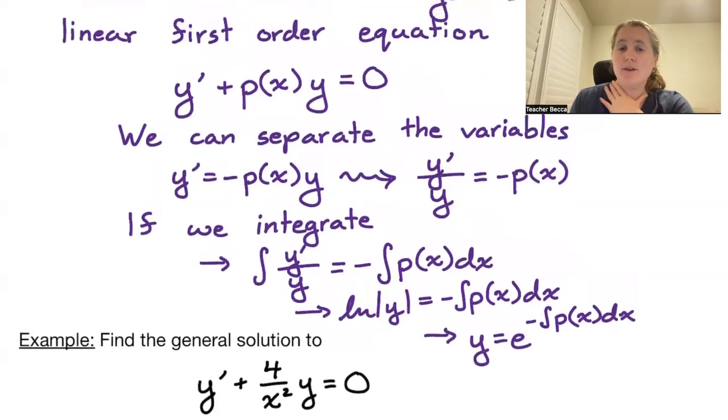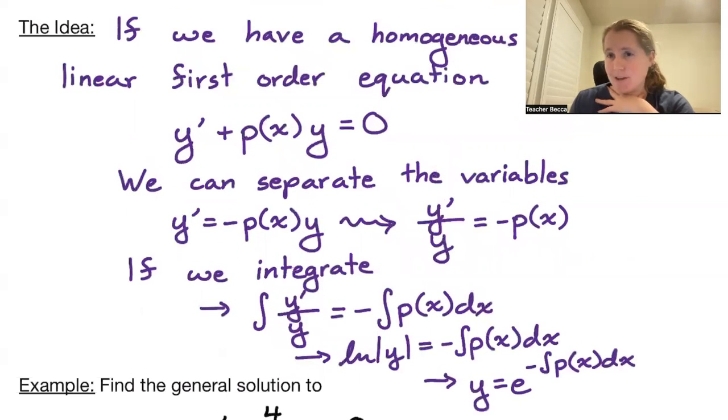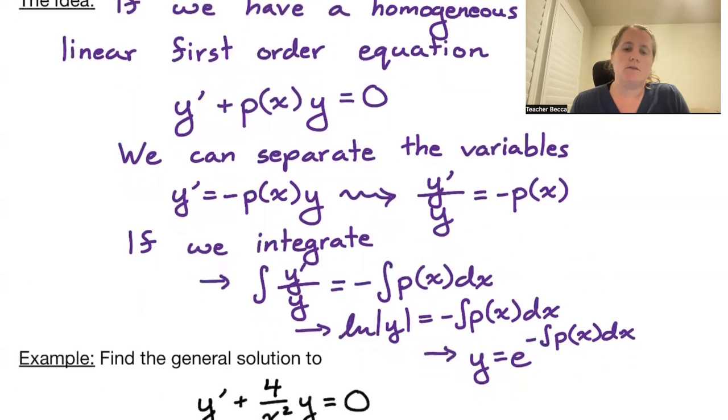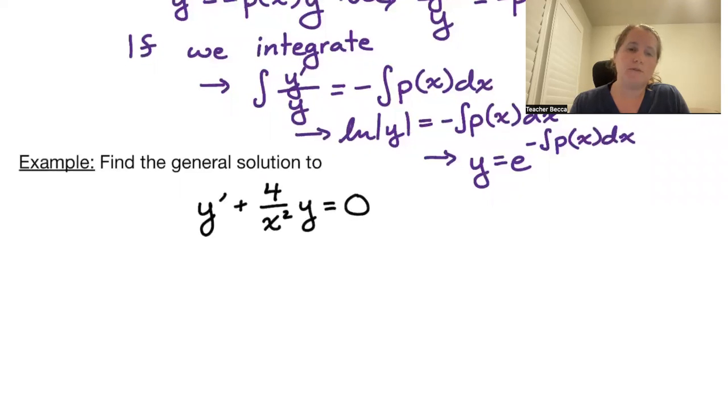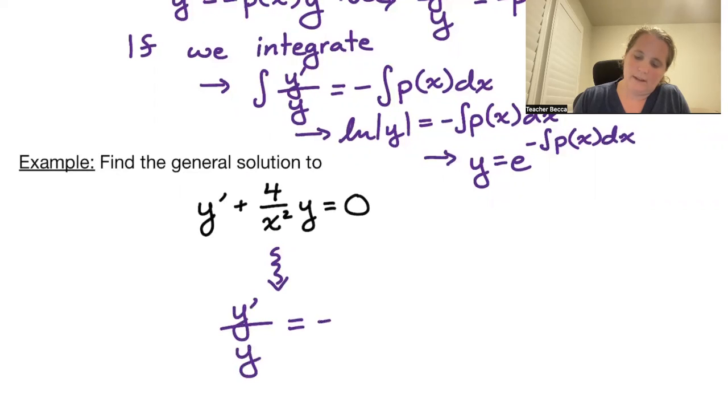So this is a very, very simple separable equation. Every single homogeneous linear first order equation fits this form and therefore has a solution in this format. So for example, if we wish to find the general solution to y prime plus 4 over x squared y equals 0, we have then that y prime over y is equal to negative 4 over x squared.